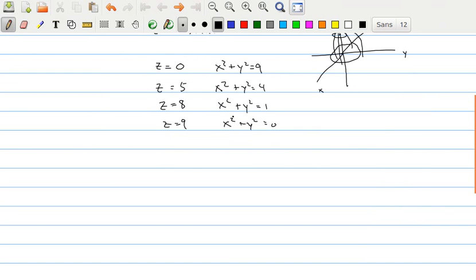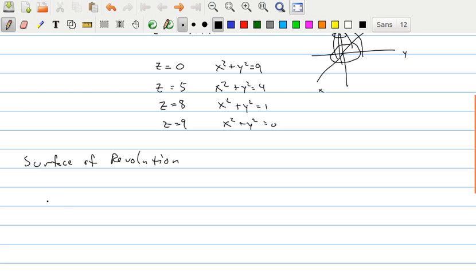And the last type we're going to talk about is the idea of a surface of revolution. So a surface of revolution, there are three types of these depending on which axis you're going to revolve around.